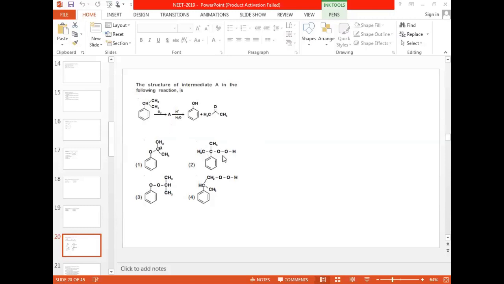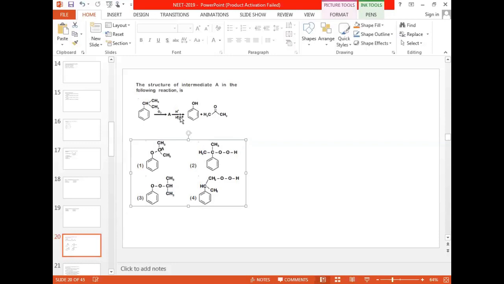This cumene hydroperoxide is an intermediate. This cumene hydroperoxide, on hydrolysis, gives what? Phenol and acetone as the products. This is the commercial method for the preparation of phenol.